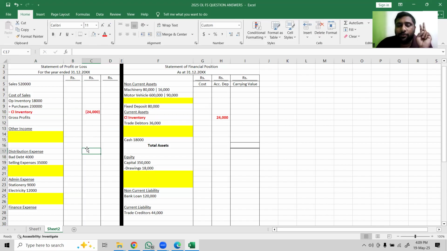So I recorded it in two places. I told you, adjustments always go to two places. Under the cost of sales, one place. Under the balance sheet current assets, another place. Done.